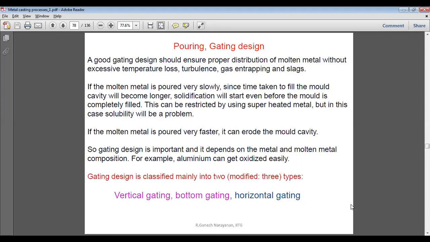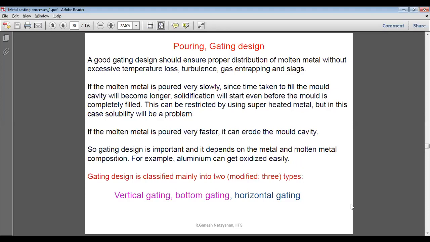We will be discussing what the gating elements are, what the different types of gating systems are, and what analytical aspects of gating design are involved. A good gating design should ensure proper distribution of molten metal without excessive temperature loss, turbulence, gas entrapping, and slags.